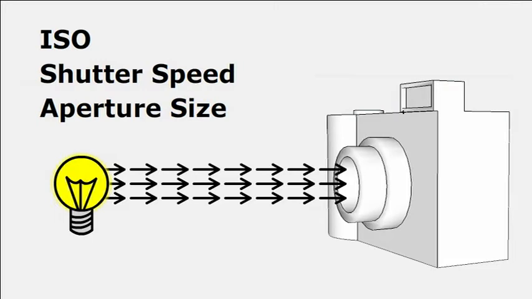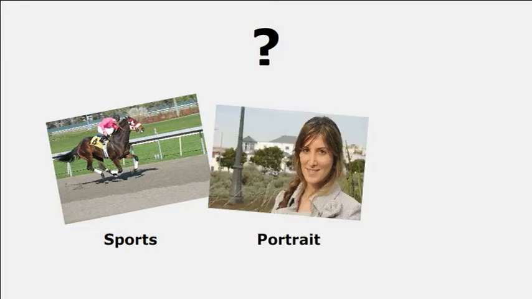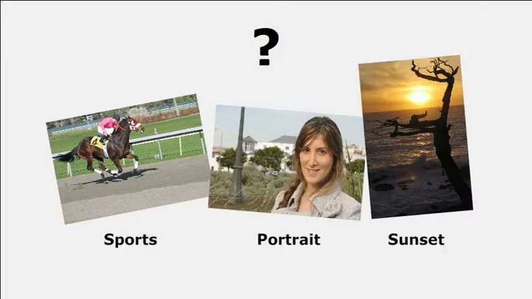So anytime you take a picture, only a certain amount of light is available. The camera can see this and sets the ISO, shutter speed, and aperture so the picture is not too bright and not too dark. But what if the camera doesn't know what you're taking a picture of, or how you want the picture to look?